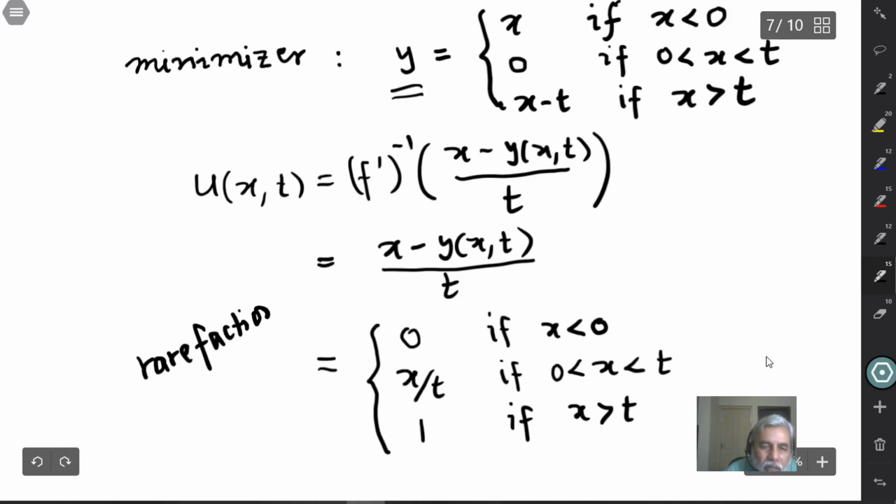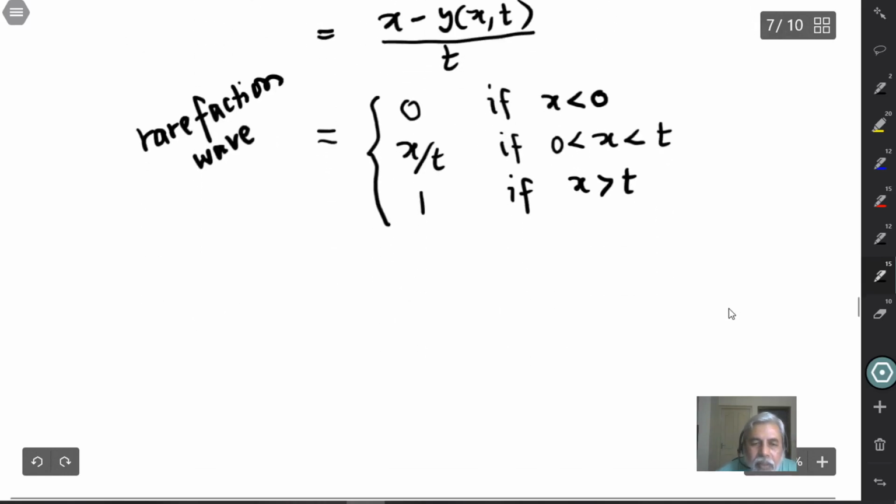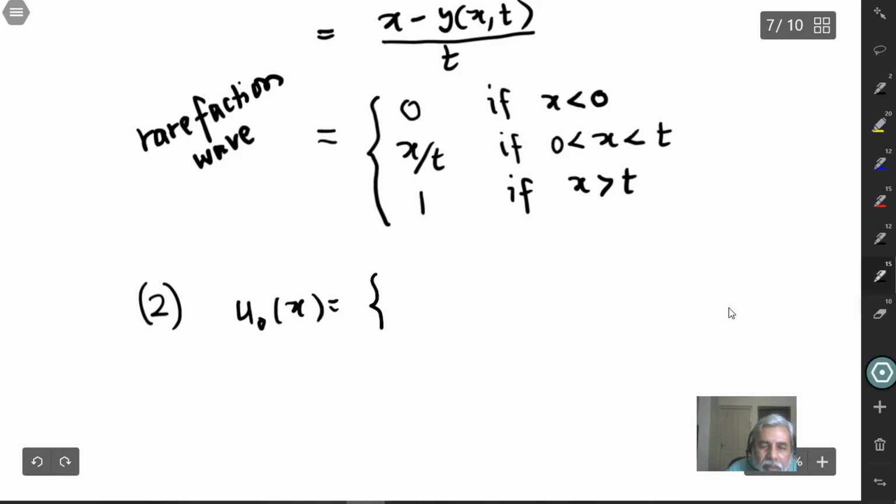So let me consider the shock wave also. That's the second example. Here again Burgers' equation, only we change the initial condition. So this is 1 if x is less than 0, 0 if x is bigger than 0.